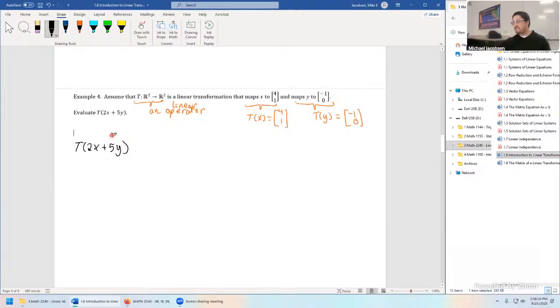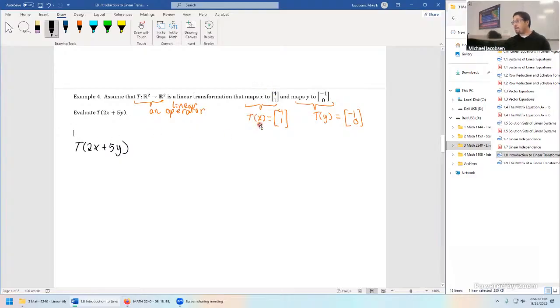But as we stare at this, notice the difficulty here. Our training in algebra says do order of operations. In other words, do the vector addition and scalar multiplications inside here, then apply the mapping. But we can't do that. We were never told what x actually is. We were never told what y actually is. We don't know much about this. So in a certain sense, we're stuck.